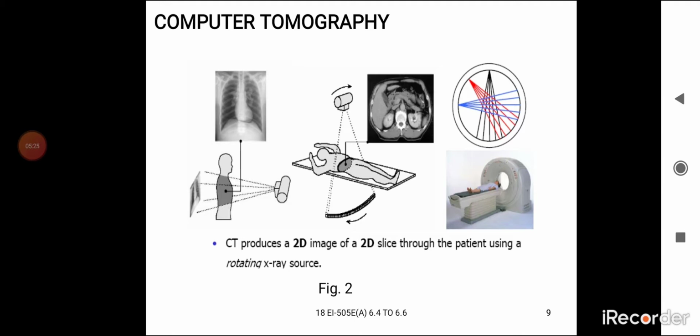So the computer tomography has a rotating X-ray source. The X-ray source is arranged on the gantry and thousands of detectors are arranged around the gantry. The patient is lying on the table, you can see in the picture.